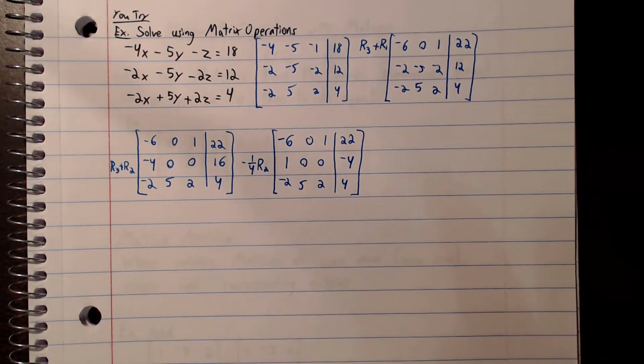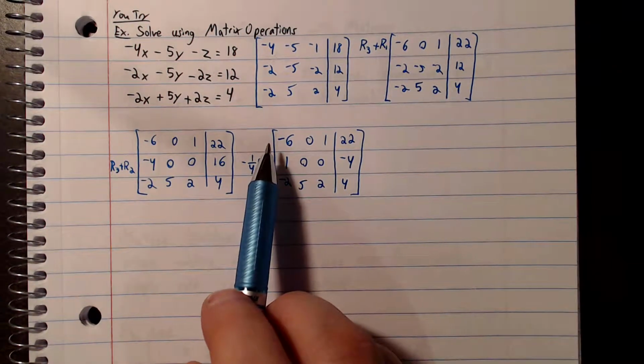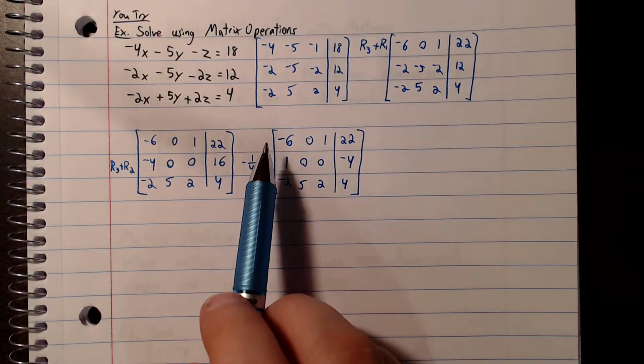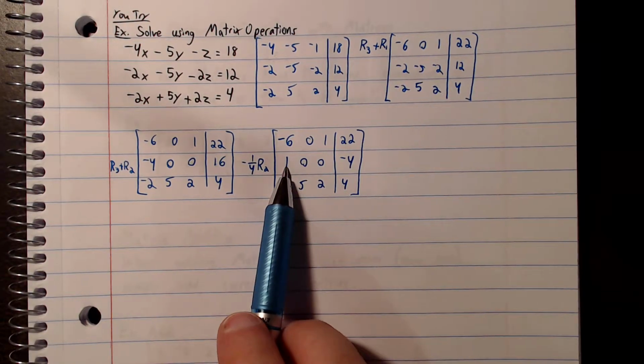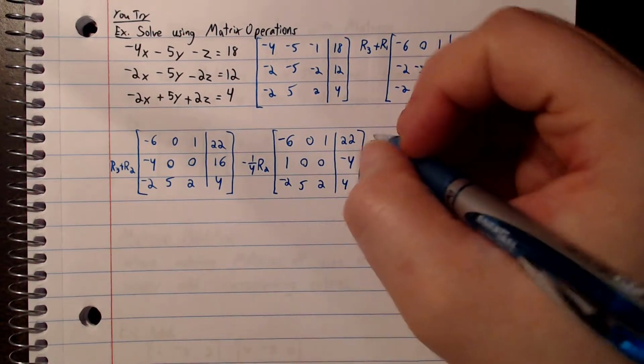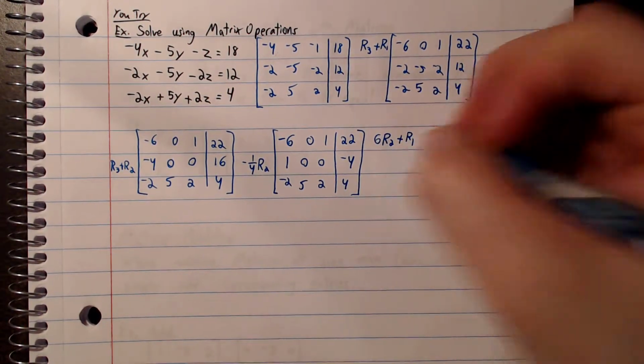There's something we can do to get rid of the 6 right here. Alright, we can take 6 of these and add it here. So we'll take 6 of row 2 and add it to row 1.